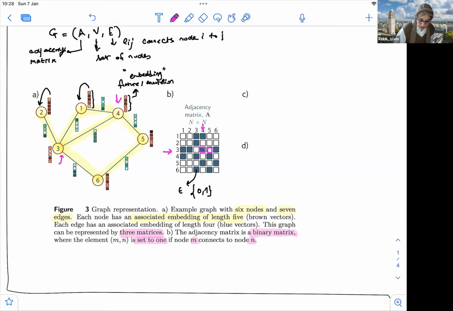It belongs to R^(n×n), because n denotes the number of nodes in the graph. It's a matrix that encodes the whole graph. I call it the heart of the graph.